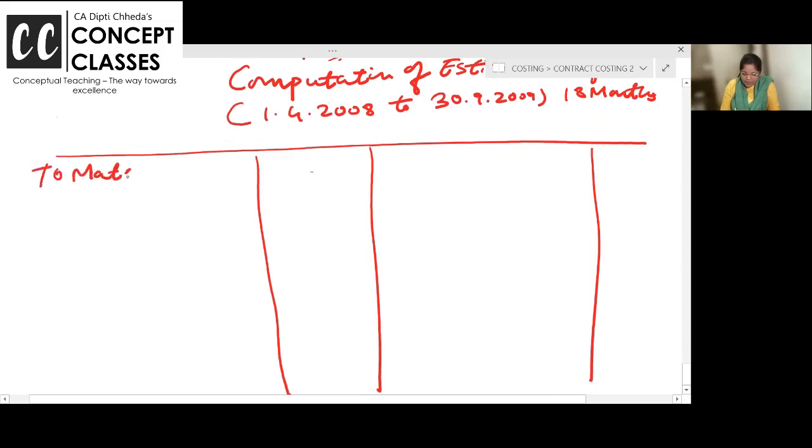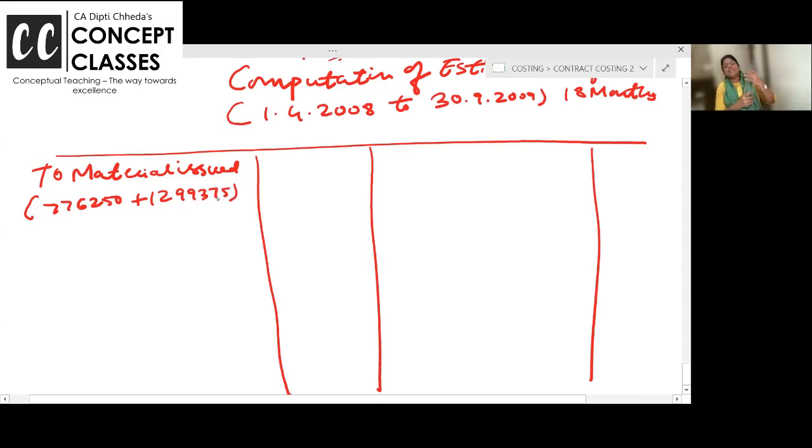Start with material issued. Look at your problem. How much is material issued? First year 776,250. Second year 1,299,375.